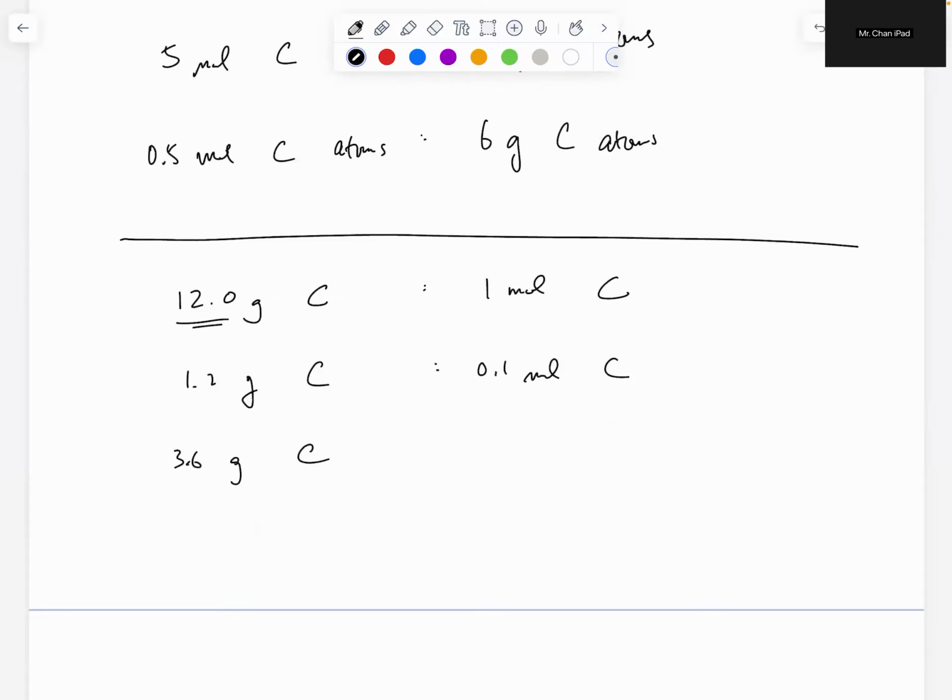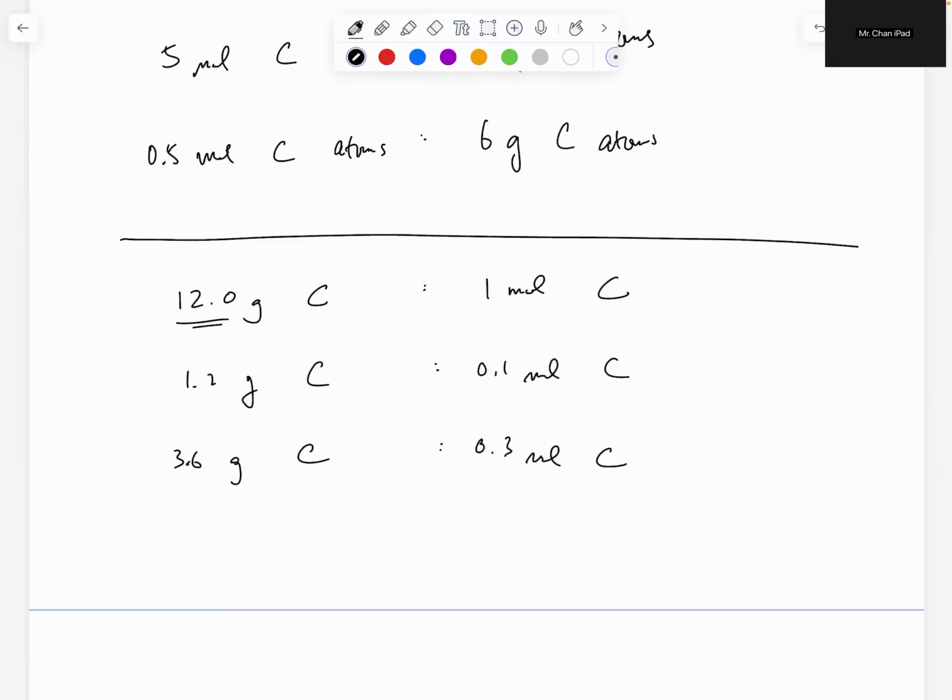Then you would say, oh, it's going to be 0.3 mole of carbon atoms. Okay? Little mental math. And I hope you can witness what's going on right here. And that is, you did not do so-called railroad track dimensional analysis to puke out these numbers. Your brain just knows because it makes sense.